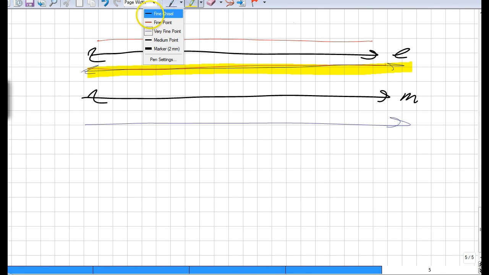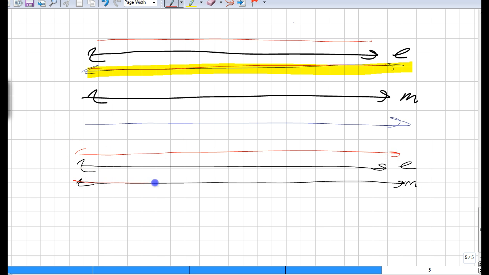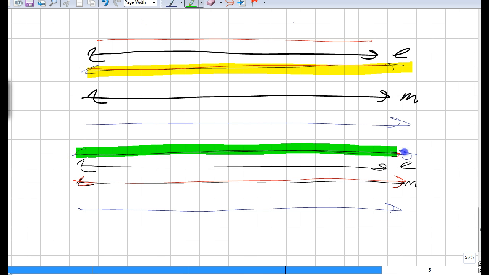But there's also another case. If this is L and this is M, then I would have this line and this line 1 centimeter from L, and then I would have this line and this line 2 centimeters from M. So in that case, that line would meet both conditions.